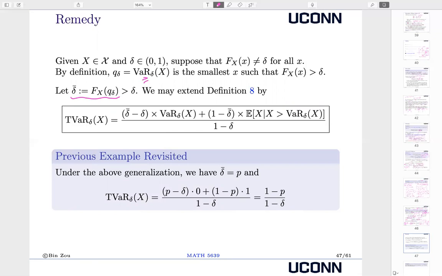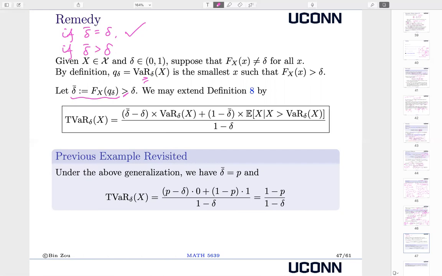So let's put equal. If this is equal, then it's perfect, meaning we have exactly a loss such that the probability of being bigger than this loss is exactly 1 minus delta.